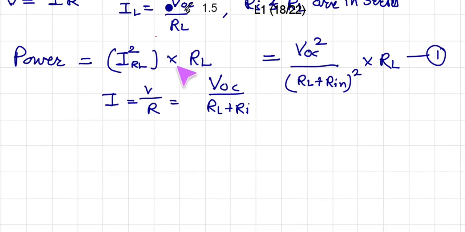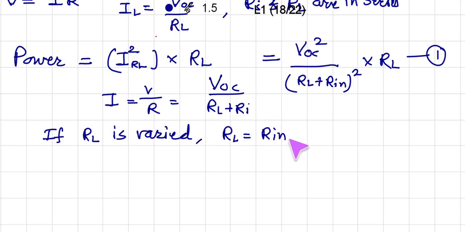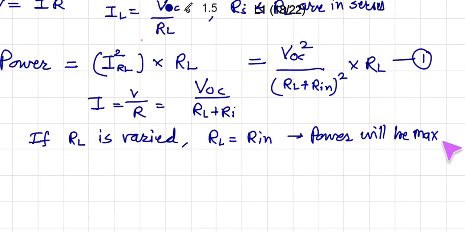If RL is varied, at a particular value of RL, when it is exactly equal to Rin, the power delivered will be maximum. So here we see Pmax.